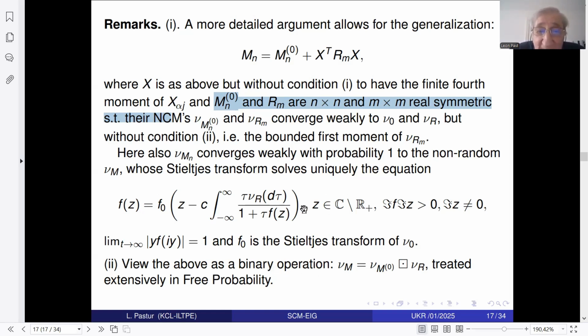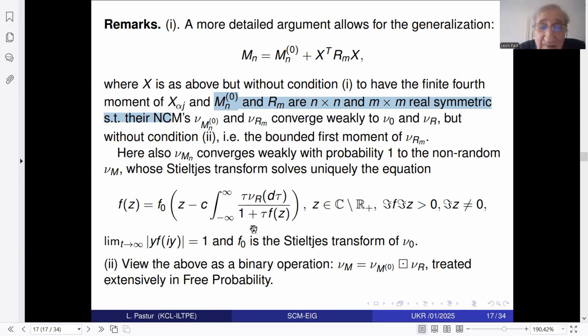By the way, there is an interesting point that I will not discuss at all, but just mention. Look, what do we have here? On input you have a random matrix and two measures, nu R and nu M naught. Forget about randomness.